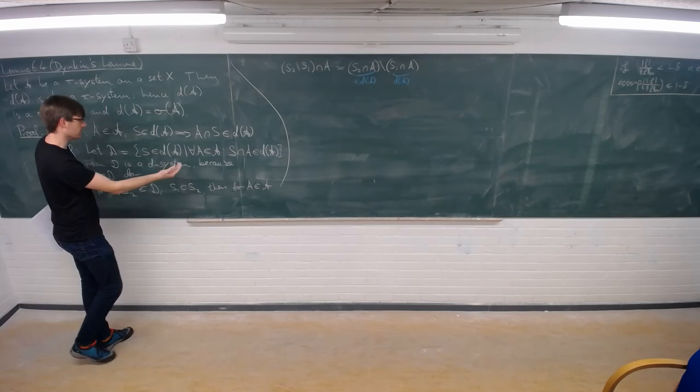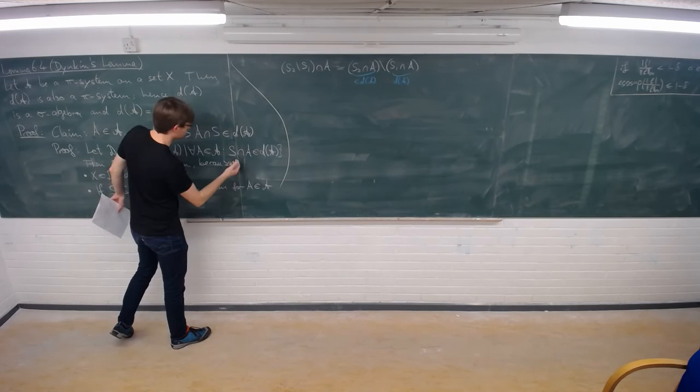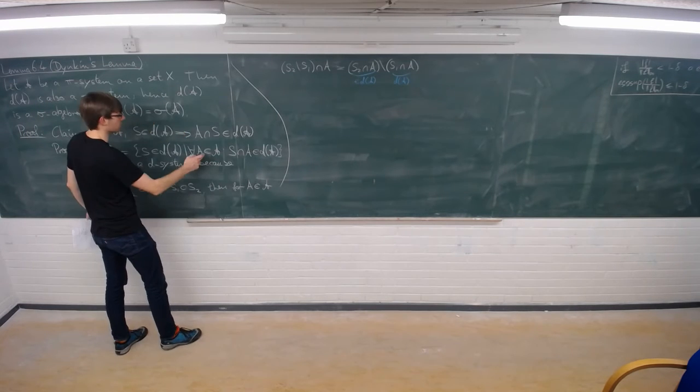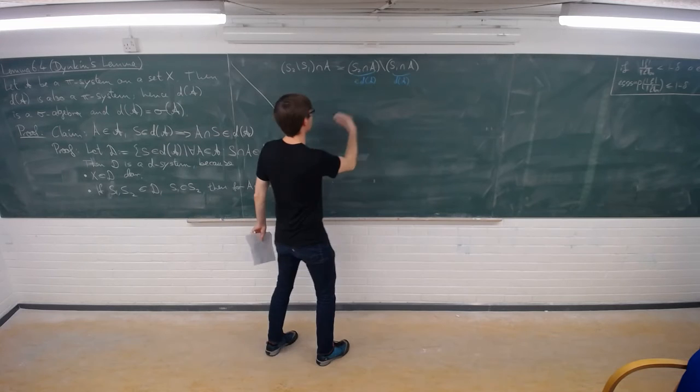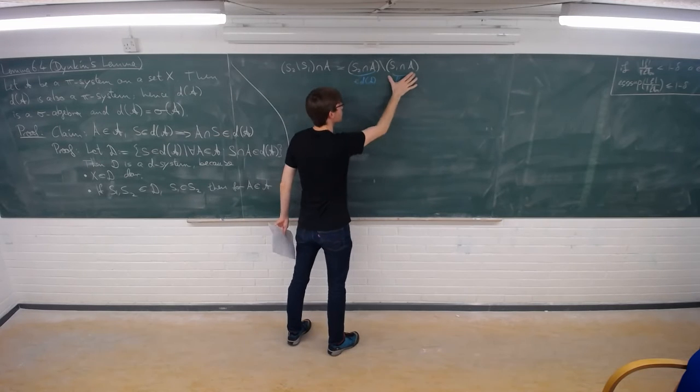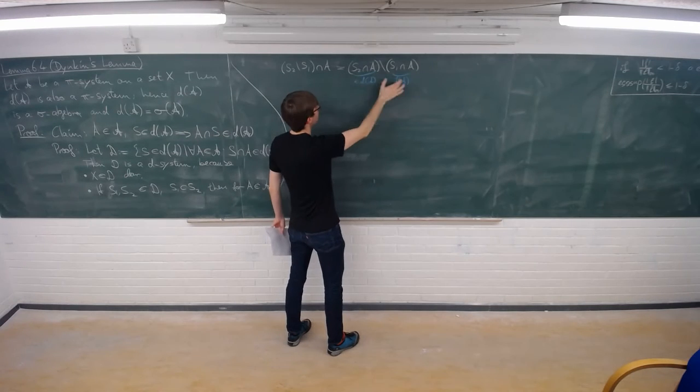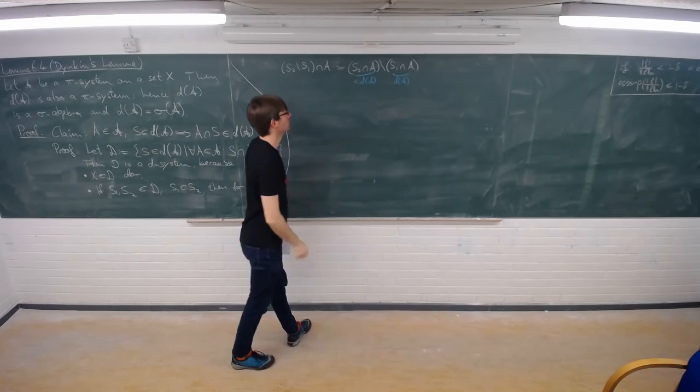So S1 being in D means the intersection of S1 with any element of 𝒜 is in D(𝒜). So because S1 was chosen from D, S1 cap A is in D(𝒜). And the same for S2.